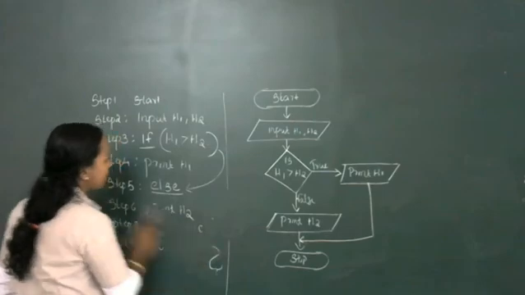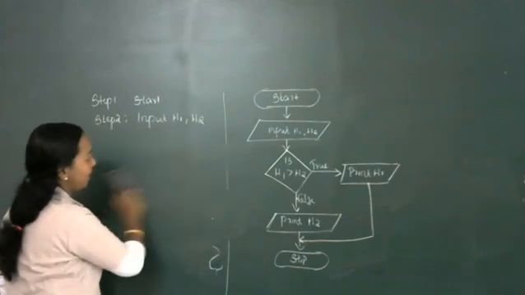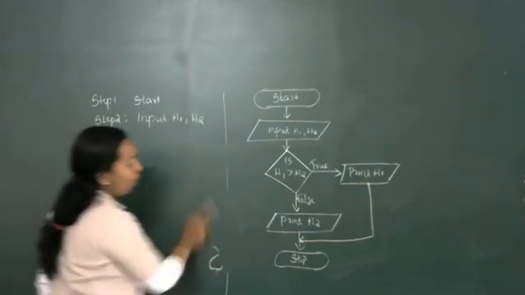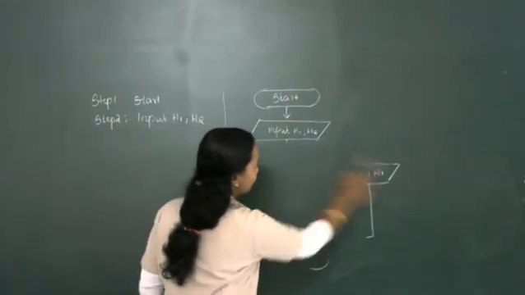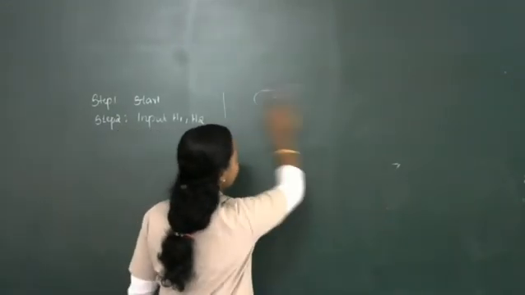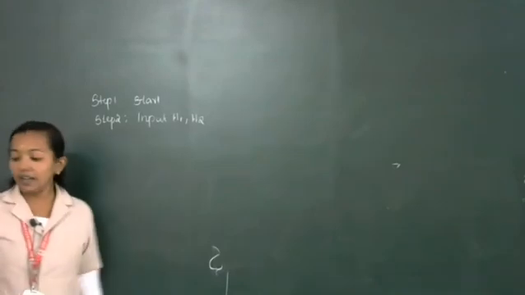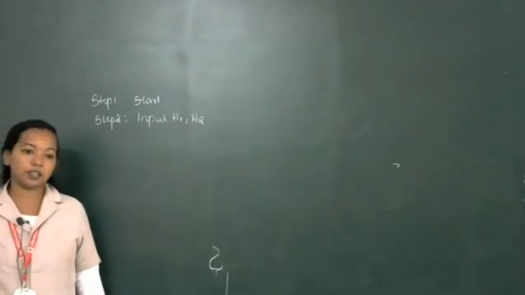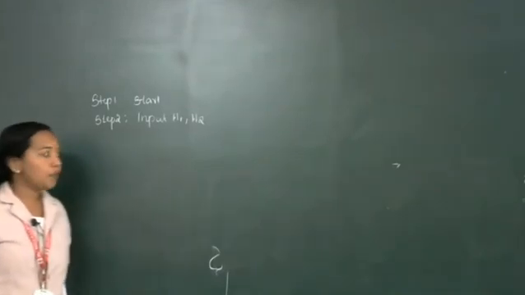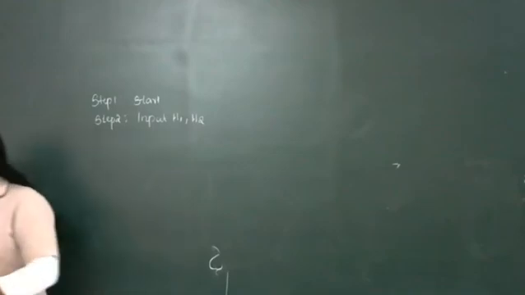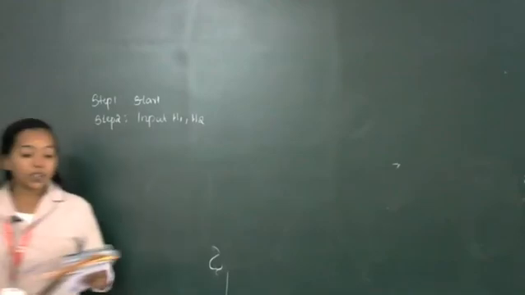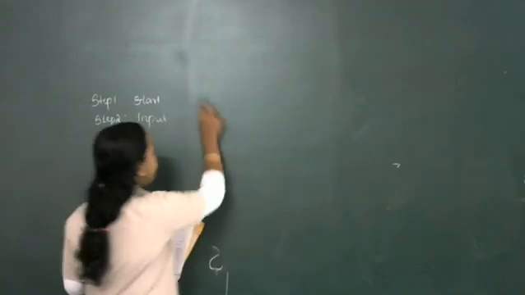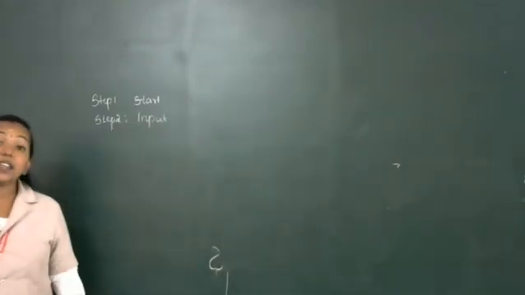So this is to find the taller student from two numbers. Then, next one I am going to take three numbers. Suppose I want to input the score obtained in 3 unit tests and find the highest score.